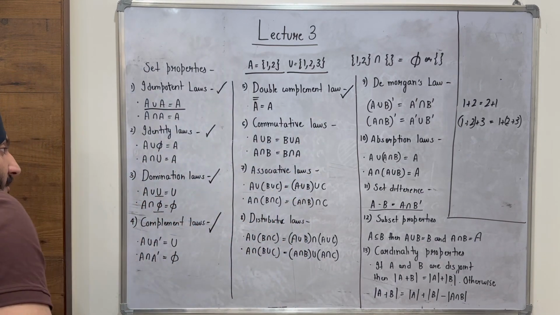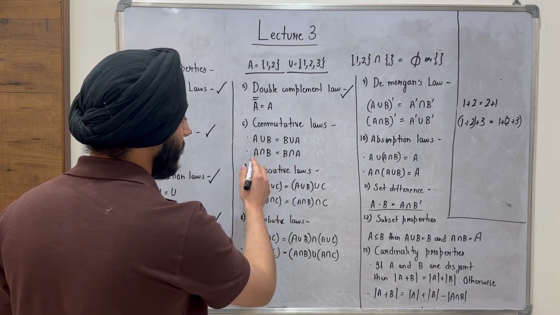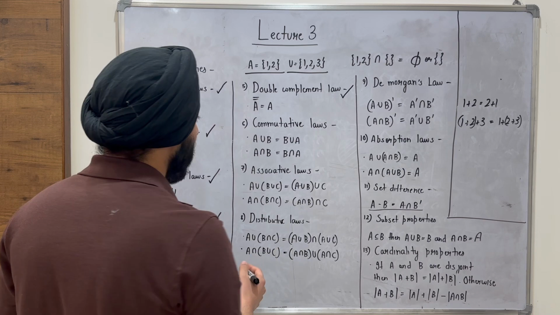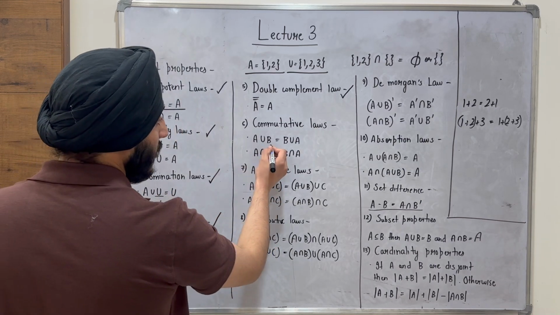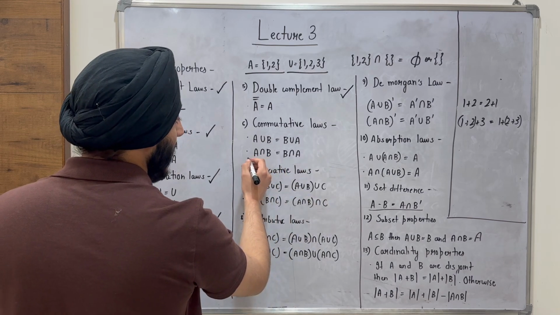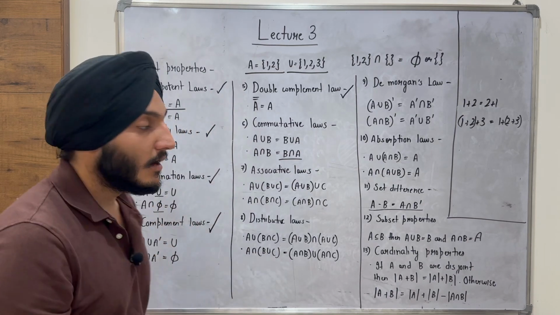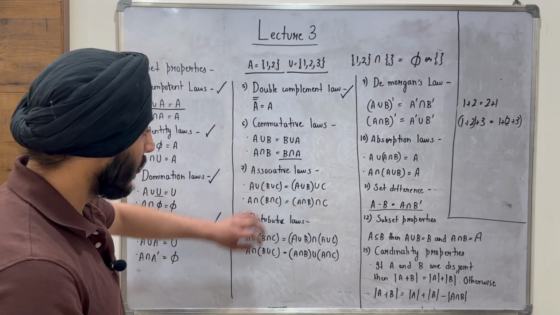What these properties tell is that both the union and the intersection are actually commutative and associative, right? So I can take A union B and that would still be the same as B union A, and I can take A intersection B and it would still be the same as B intersection A, right? Same thing over here.